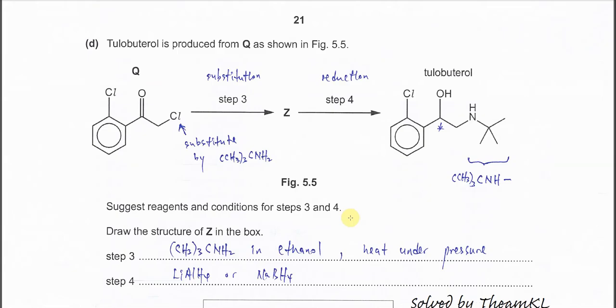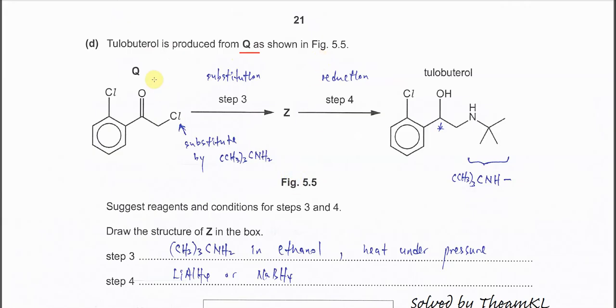Okay, part D. The tulbutol is produced from Q, as shown in figure 5.5.